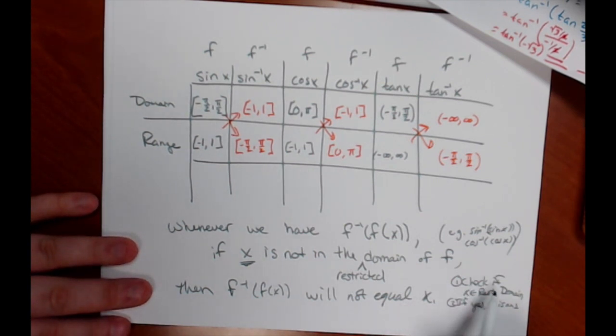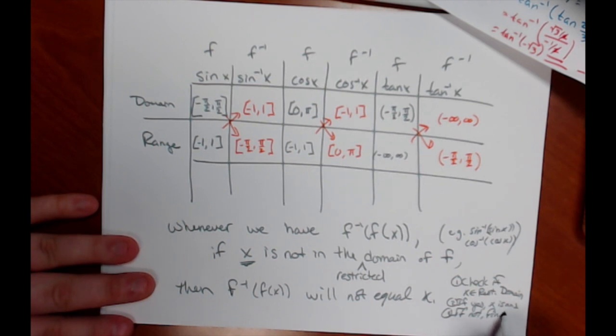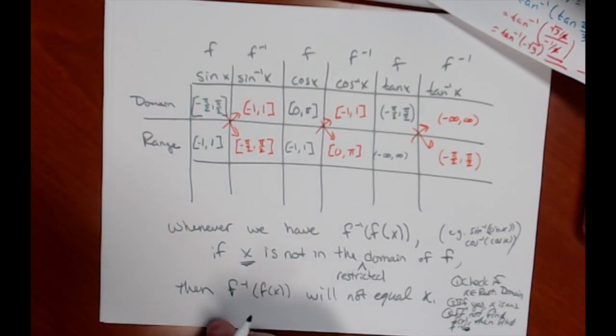So what we do is we check if x is in that restricted domain. If it is, x is your answer. And if not, find f of x. Then find f inverse of that new value. Okay.